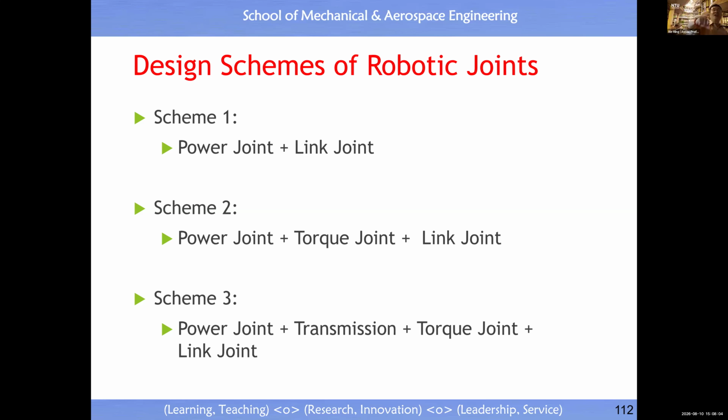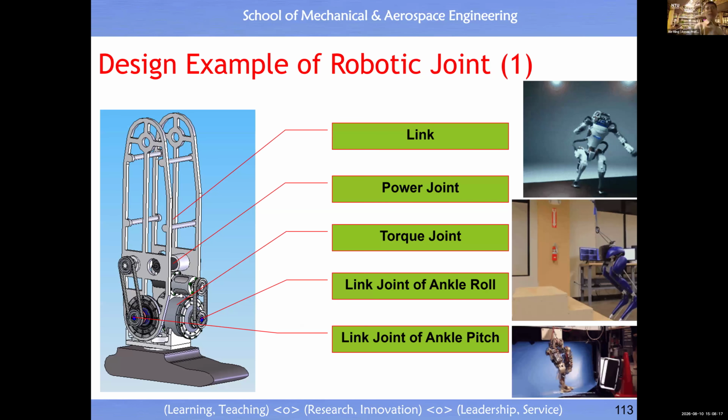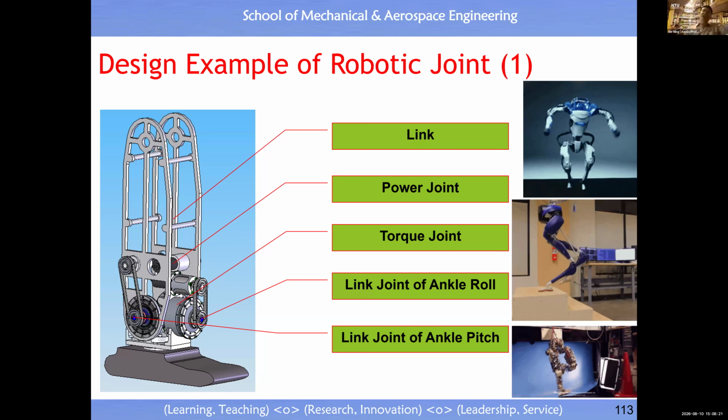So it's better to relocate it at the base link. You save energy. Understand? So that is design scheme 3. Which one to choose is up to you, right? And this is an example, one example done by us. You see our humanoid robot, full size.